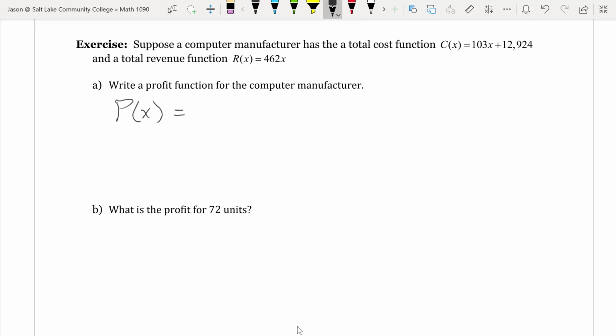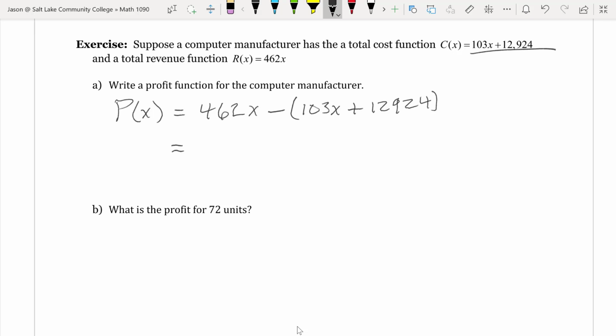So let's see, what is revenue? It's 462x minus the costs. It's important, I've got to put the whole expression for my cost function in the parentheses. So 103x plus 12,924.